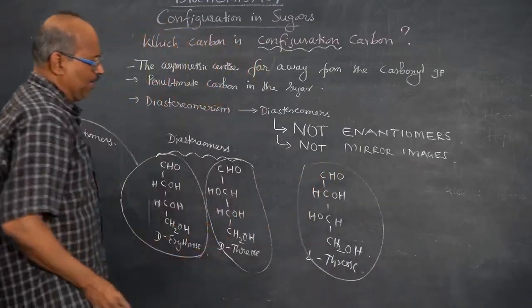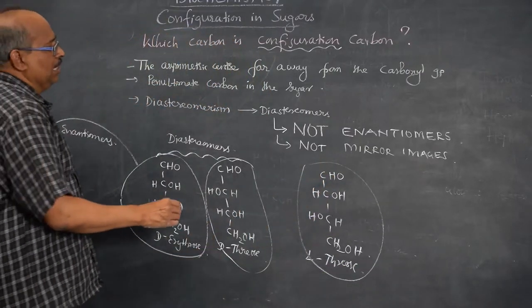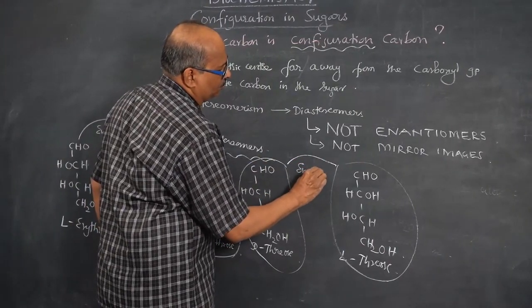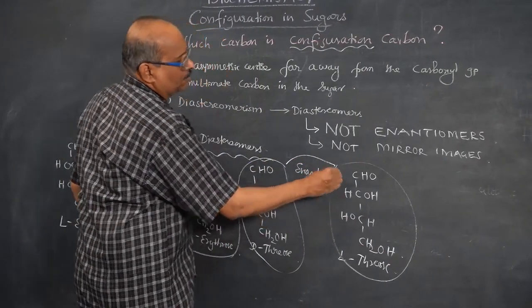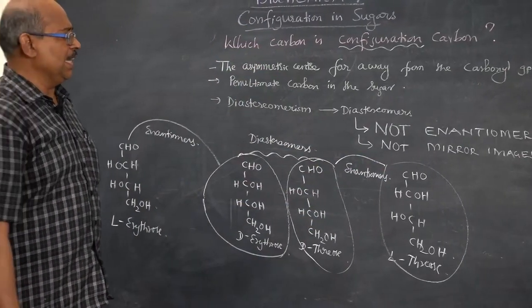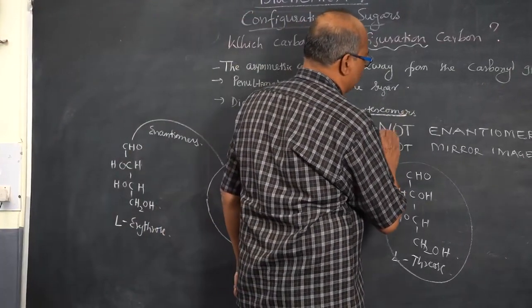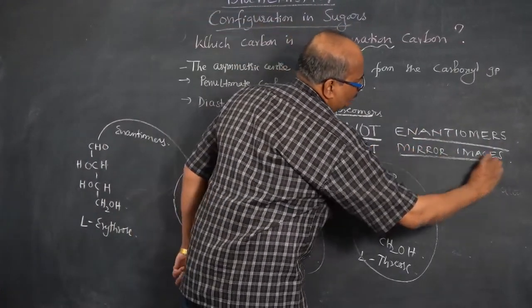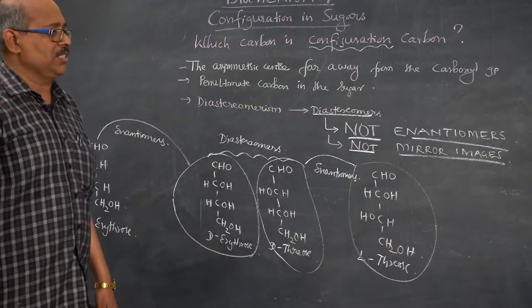Now if you see carefully, these are enantiomers. So you have to always remember diastereomers are not enantiomers, diastereomers are not mirror images.